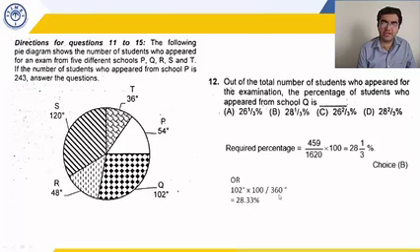In percentage or degree terms itself, it might be sufficient. It's choice number B. I'm showing you some alternate ways also, which might certainly be faster for many questions.